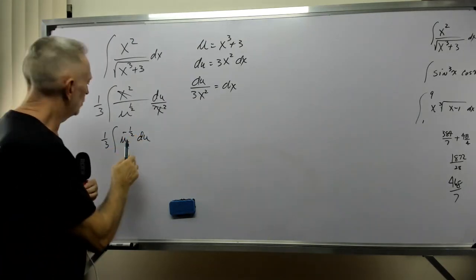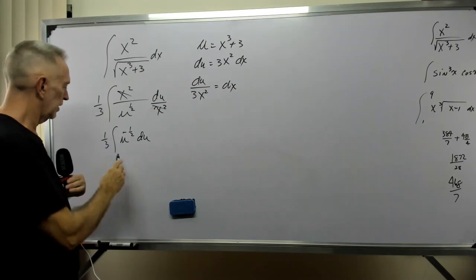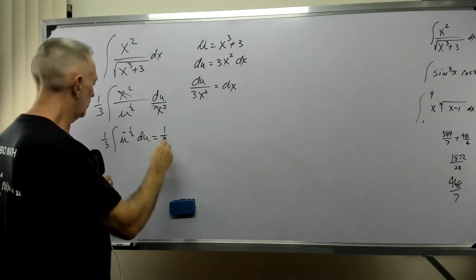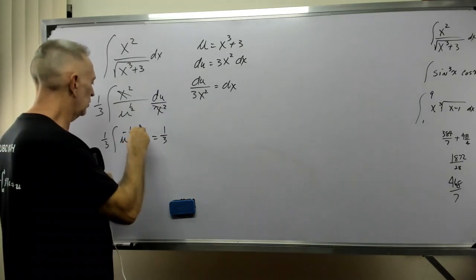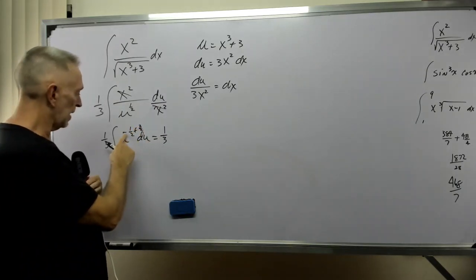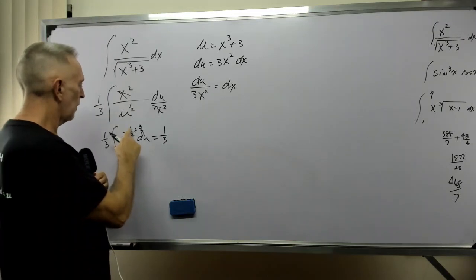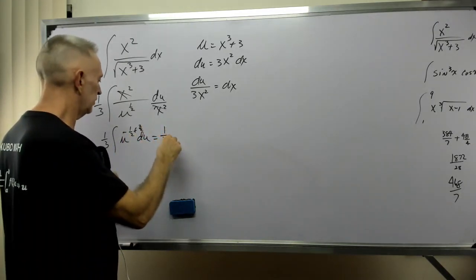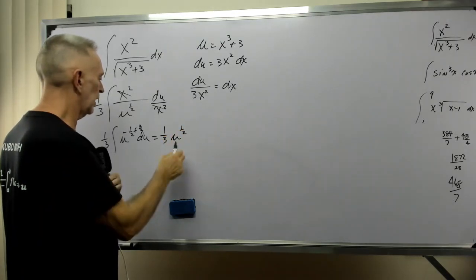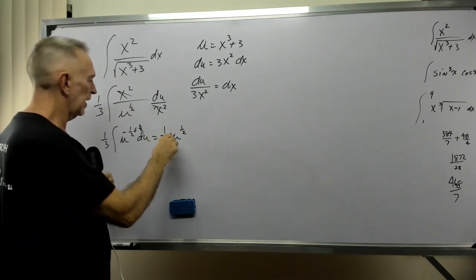So now, as I integrate, I still have 1/3 u to the, I need to add 2 over 2, add 1 to that. So minus 1/2 plus 2 over 2 gives me a positive, that's u to the positive 1/2, but I have to divide by that.